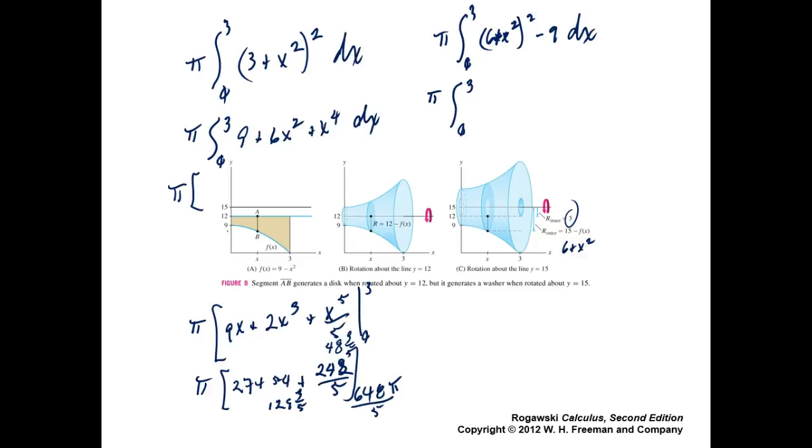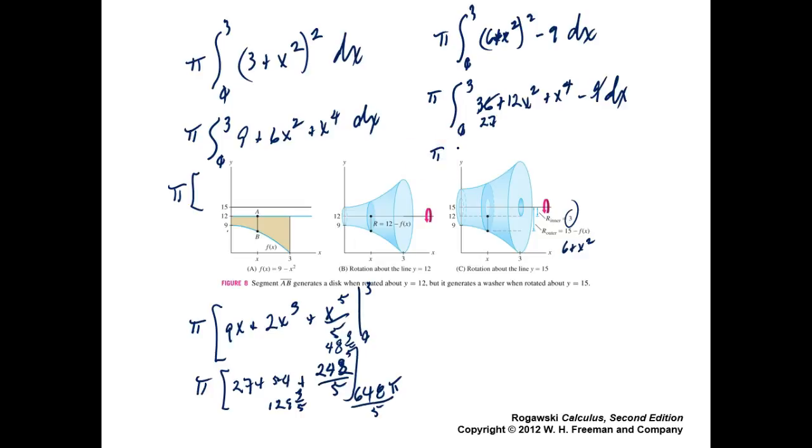What's 6 plus x squared squared? So again, 36 plus 12x squared plus x to the 4th minus 9. Well, 9 from 36 will be 27, right? dx.